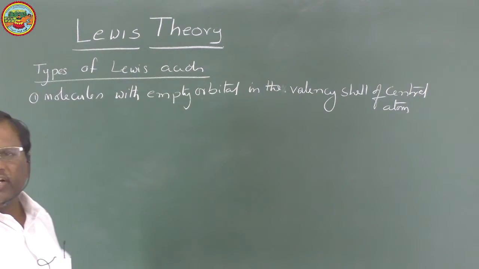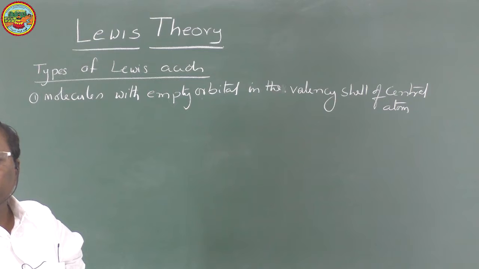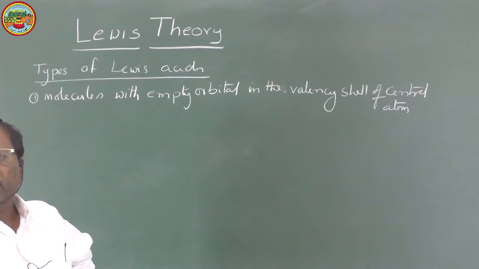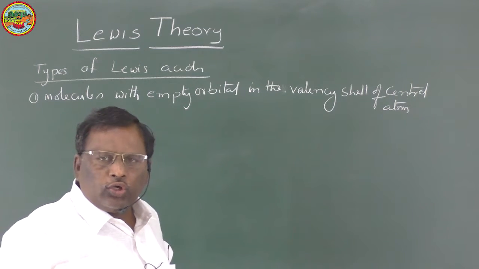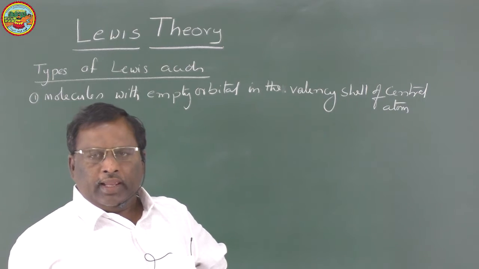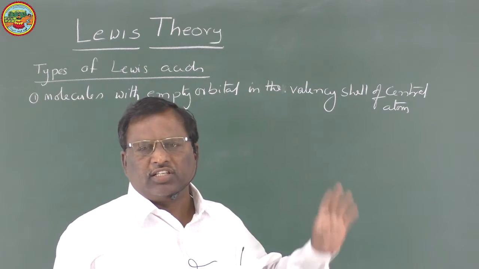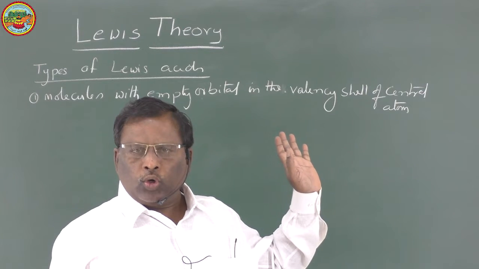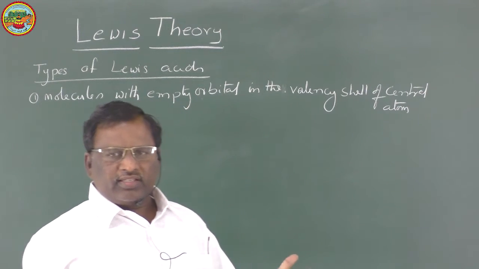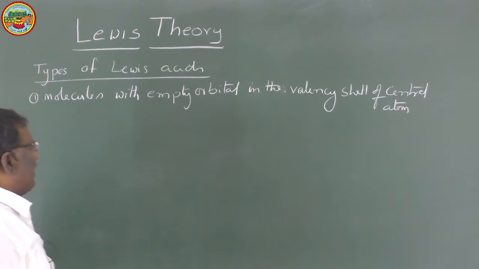So now we are studying the types of Lewis acids. The first type is the molecules which are having an empty orbital in the valence shell of the central atom. Just now we discussed boron trifluoride. In a similar manner, we have boron trichloride.